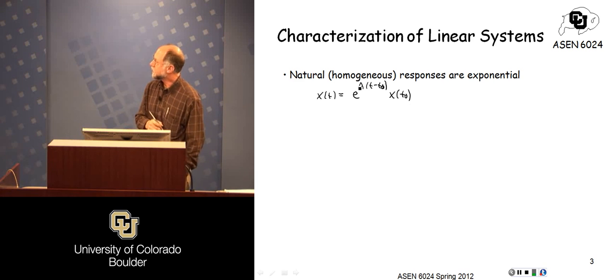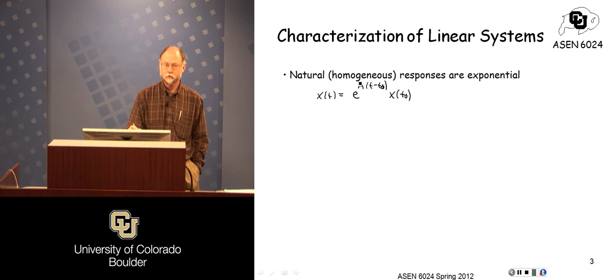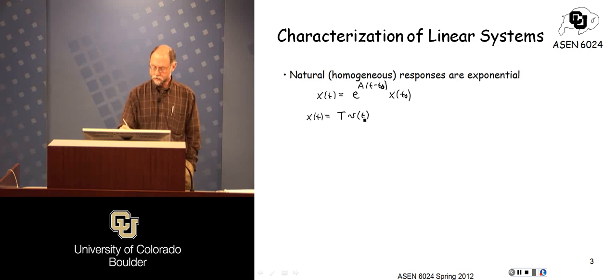Now, A can get big and can get complicated, so the easiest way to see what really is going on here is to transform the system into a form where A is as simple as possible. Okay? So let's consider replacing x of t with some matrix transformation to another state, call it v of t. This is a similarity transformation.